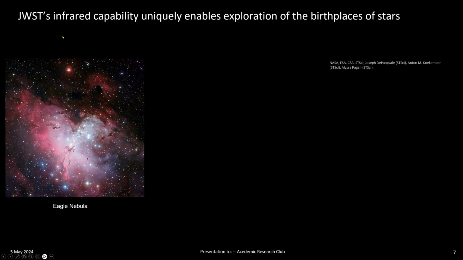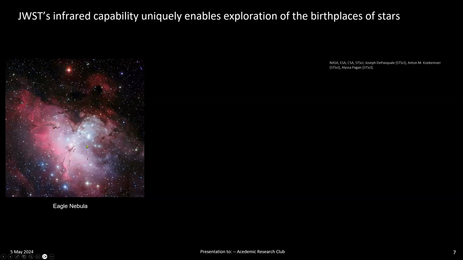Now, the spaces between the stars in our galaxy, the so-called interstellar space, is not a cold, empty vacuum. It's filled with giant clouds of molecular gas, dust, atoms, molecules, ions, lots of stuff. Here you have a picture of a giant molecular cloud complex in space called the Eagle Nebula.